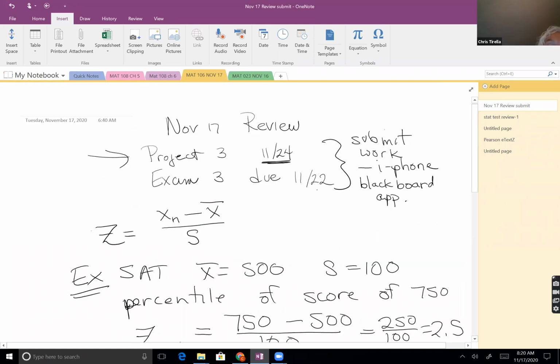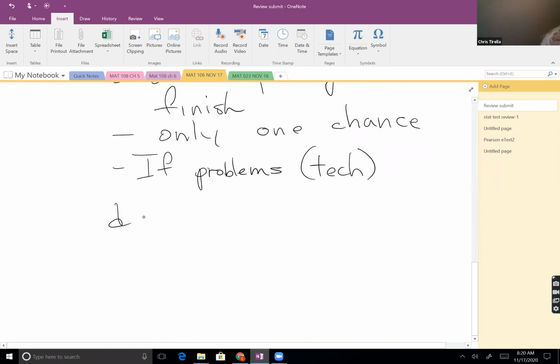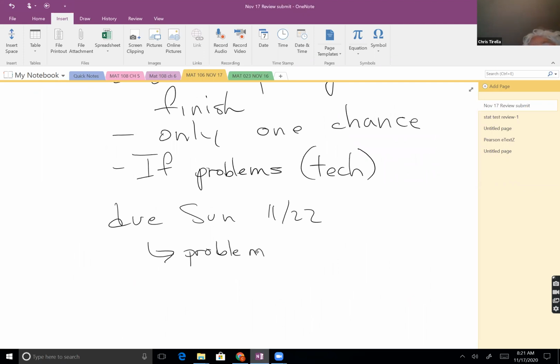It's due on Sunday, the 22nd, so that if there are any problems with it being in Blackboard as opposed to in my labs, we can clarify them on Thursday.